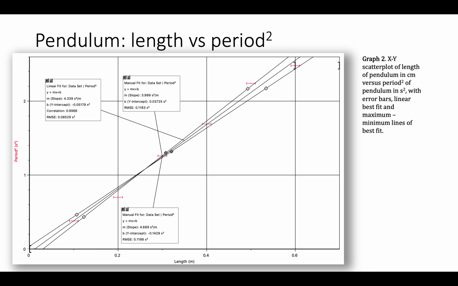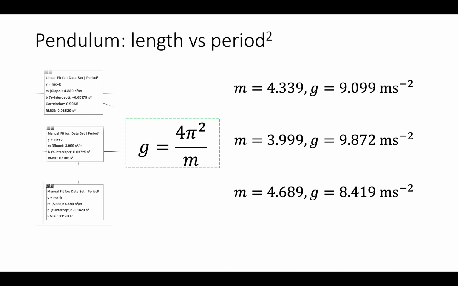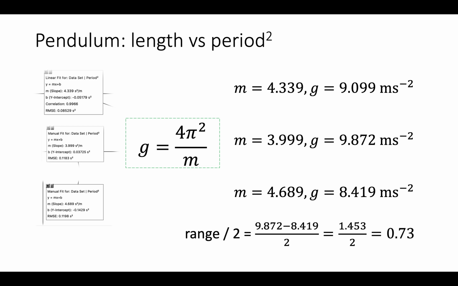So our result, 9.1 meters per second squared, came from analysing that 4.339, but the maximum and minimum gradient lines indicate that the value could actually be somewhere between about 3.999 and 4.689 based on our fitting of the data. Plugging these into the equation, we get a minimum value for g of 8.419 and a maximum value of 9.872.